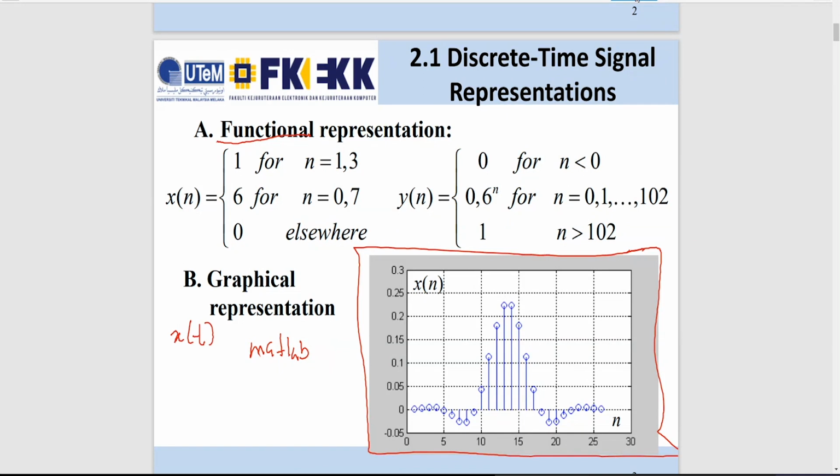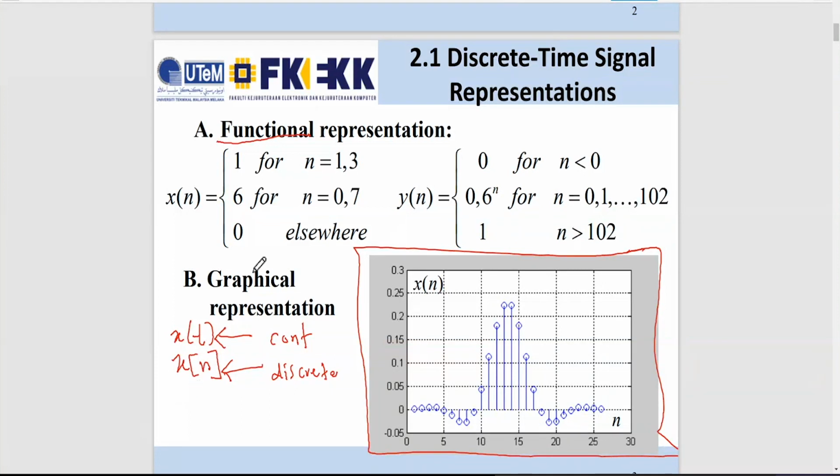Okay, so yes, I erased this one. Basically, when we talk about x(t) and x[n], in this subject we say that t is continuous and n is discrete. We did discuss it last week, right?